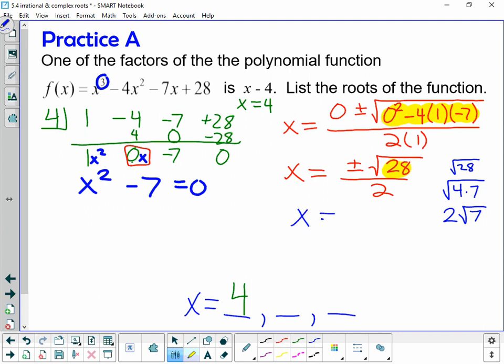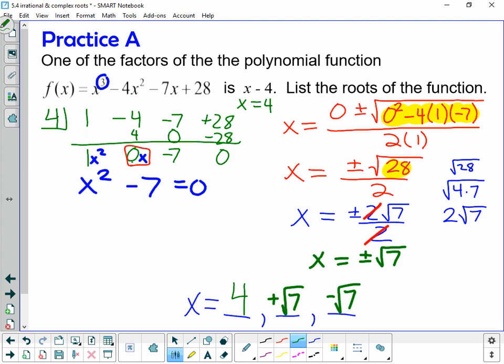So we could simplify this to plus or minus 2 root 7, all divided by 2, and you could reduce the 2 so that you just have plus or minus the square root of 7. That would be the other two roots, a positive root 7 and a negative root 7. So we found the three roots of our equation.